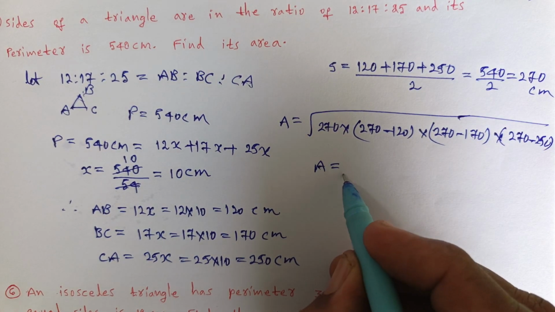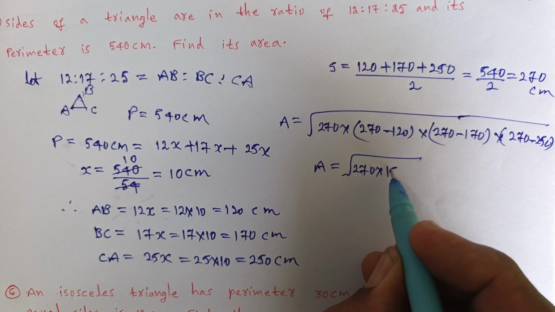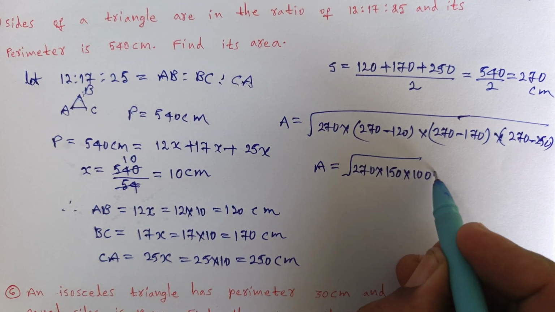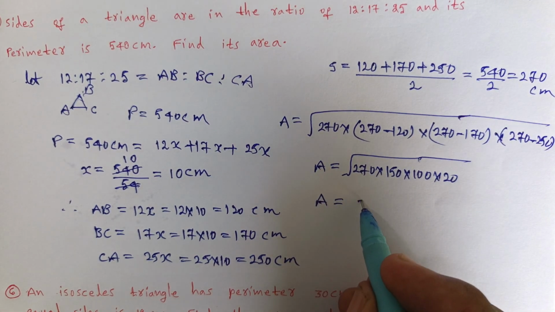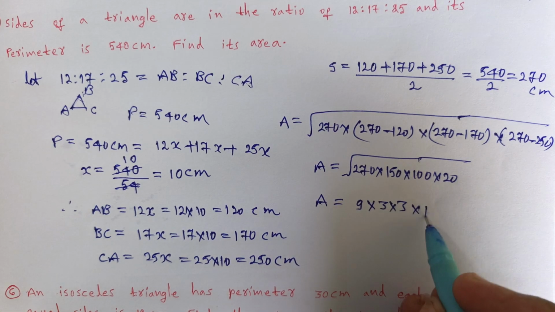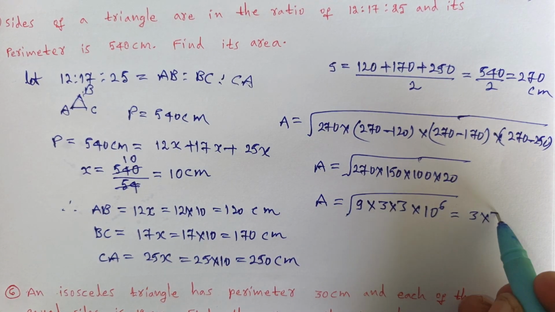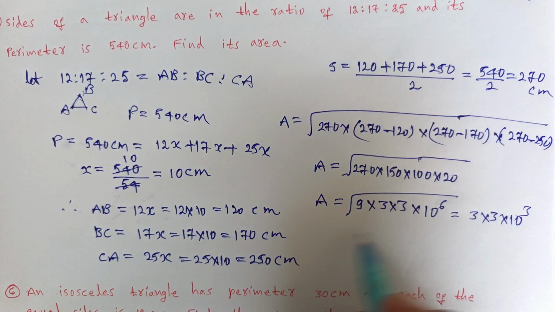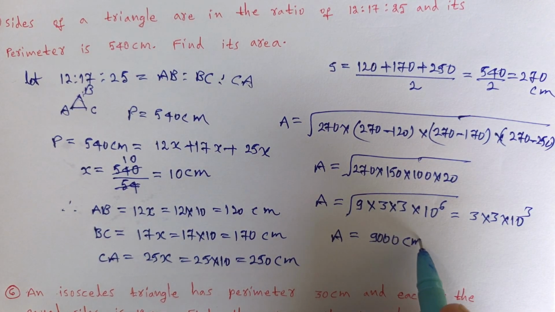So you can calculate area as under root of 270 into 150 into 100 into 20. So if we simplify, you will get like this, 9 into 3 into 3 into 10 power 6. So that is 3 into 3 into 10 cube. So finally the value is 9000 centimeter square.